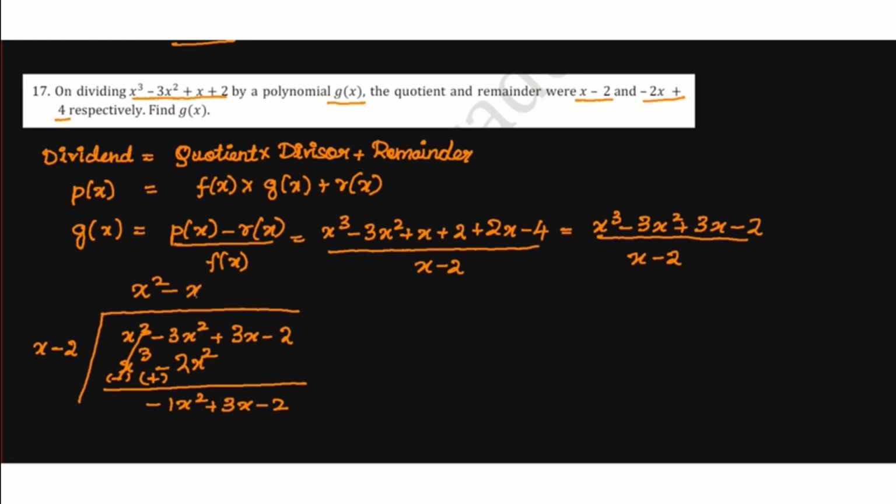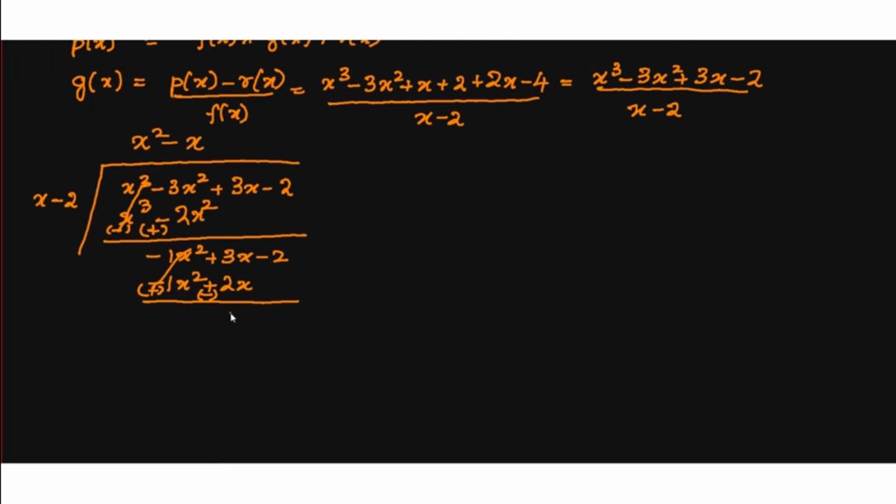When I add a minus x here, the first term gets cancelled on sign change, and minus 2 into minus x becomes plus 2x. On sign change, that gets cancelled, and this becomes 1x minus 2. Now if I add a 1 here, it becomes x minus 2 and the whole term gets cancelled. So our g of x comes out to be x square minus x plus 1.